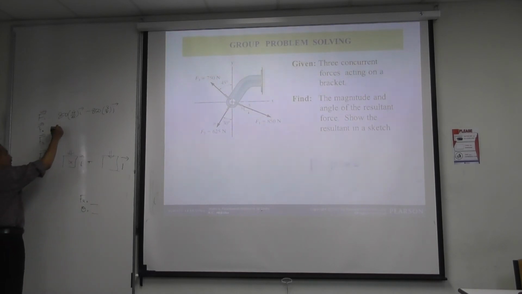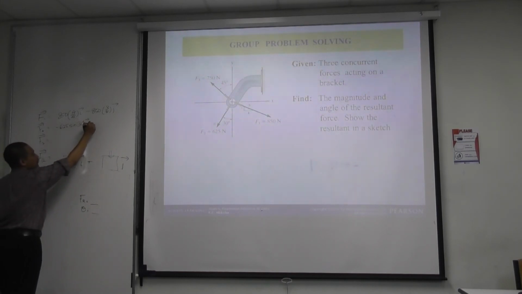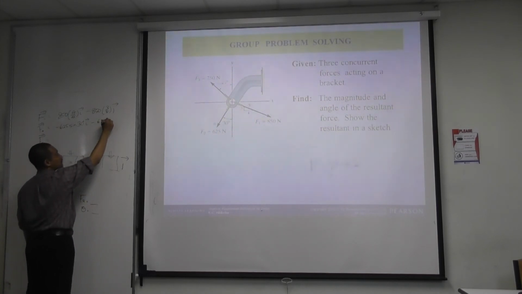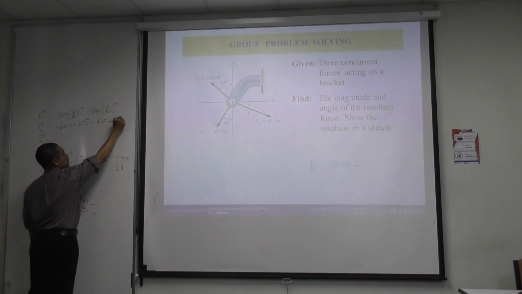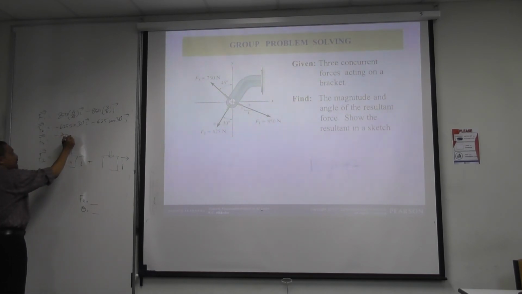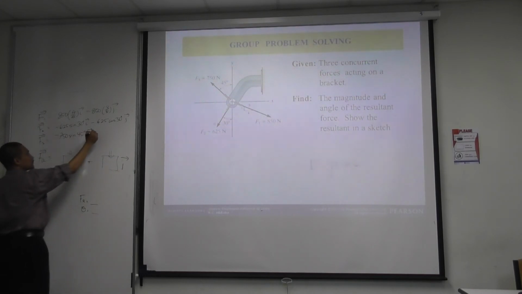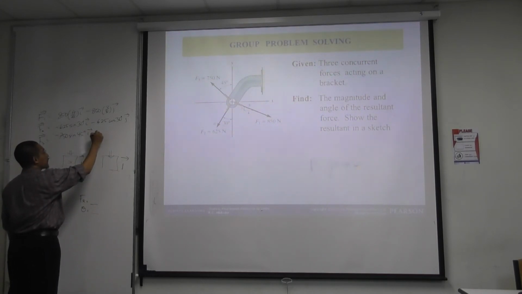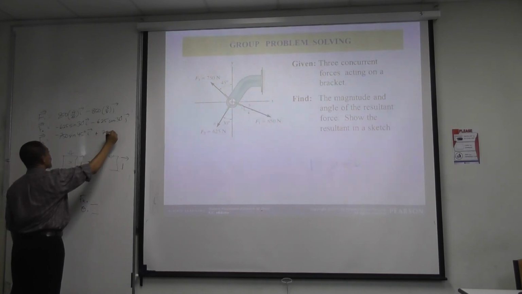For 625, so minus 625 sine, is it? Minus 625 cos. Okay. And then minus 750 cos or sine? Plus 750 cos.